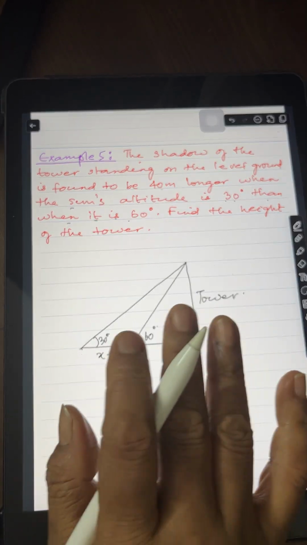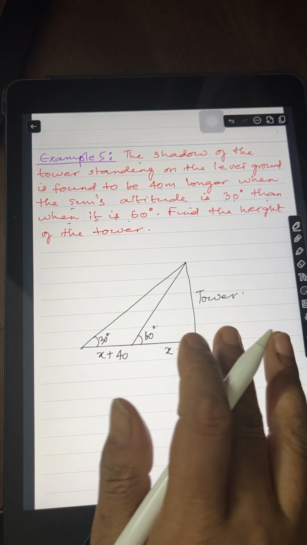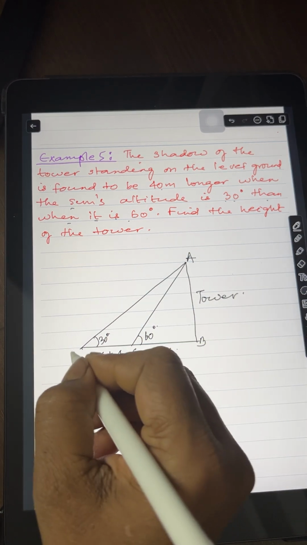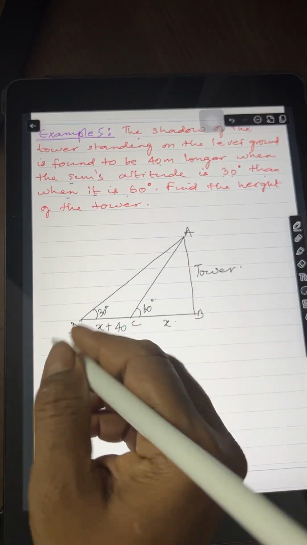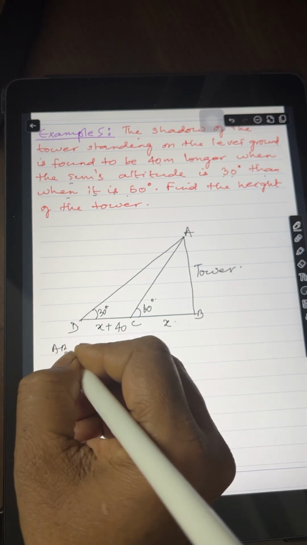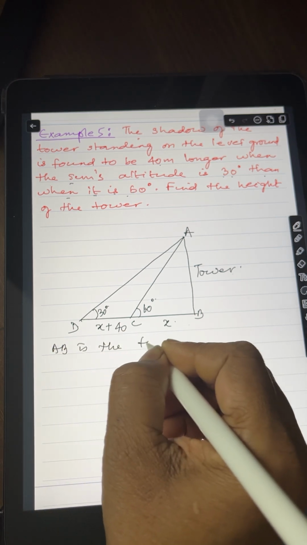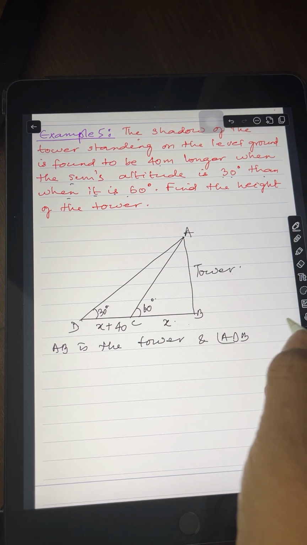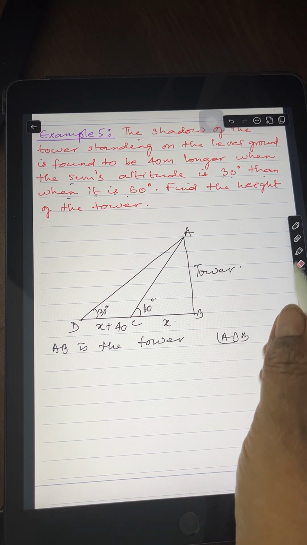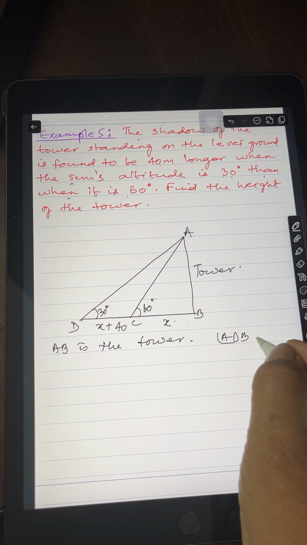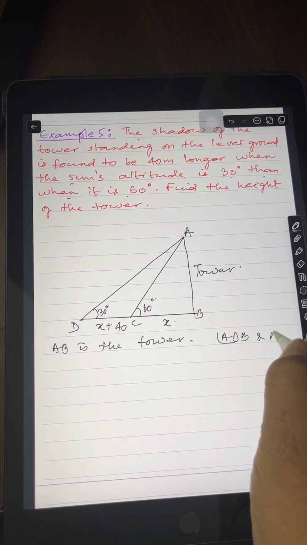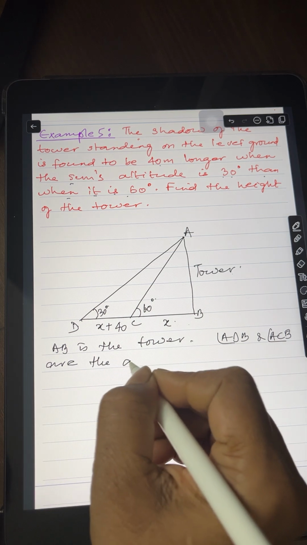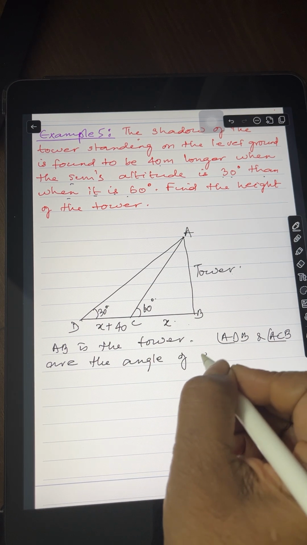Now he is asking you to find the height of the tower. So name it C and D. AB is the tower, and ADB and ACB are the angles of elevation.